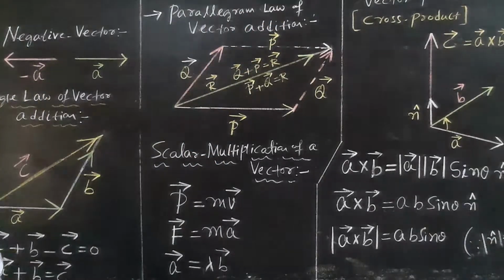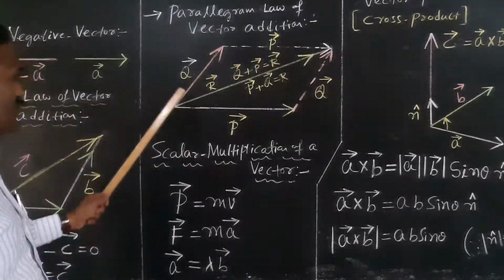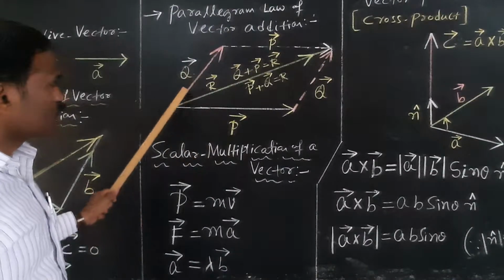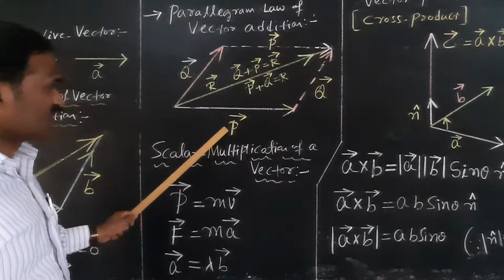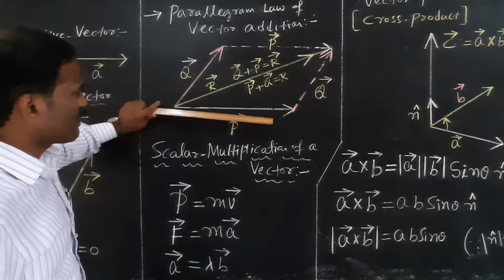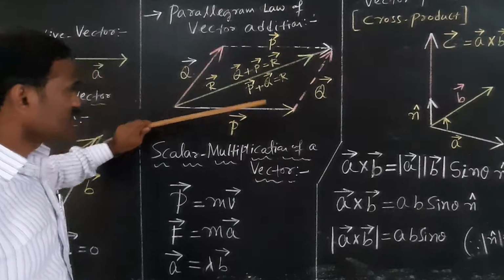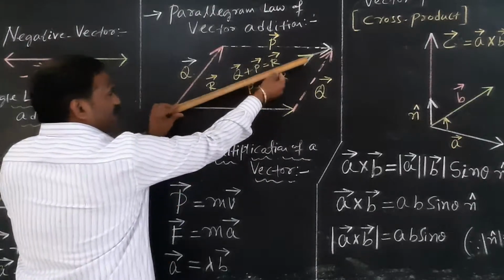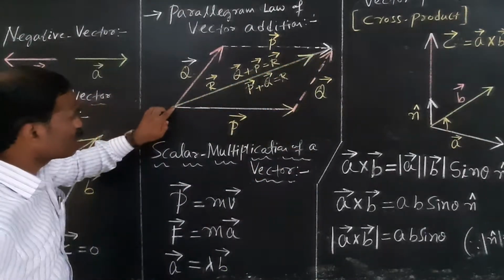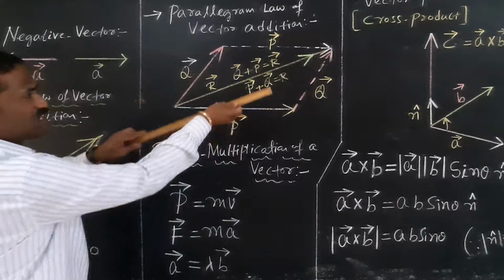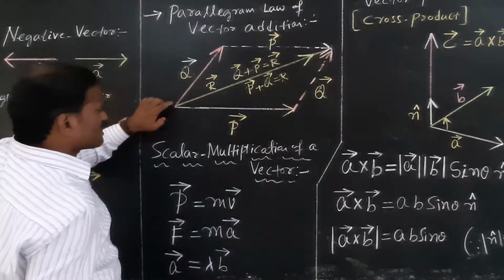What do you mean by parallelogram law of vector addition? If two vectors which represents both magnitude and direction act along the two adjacent sides of a parallelogram, the diagonal passing through the point of concurrency.